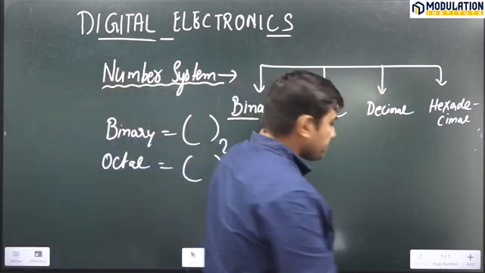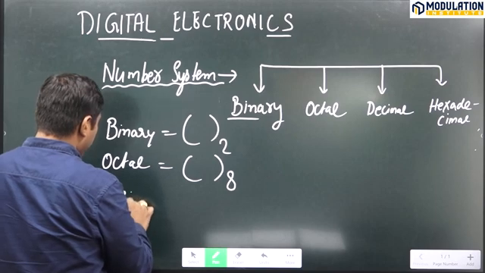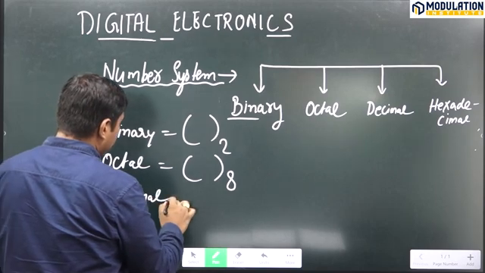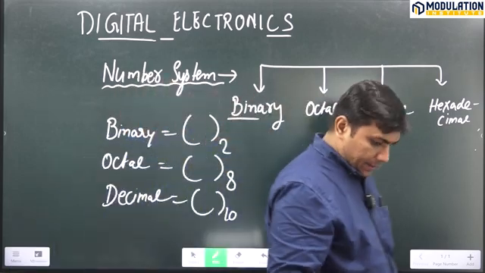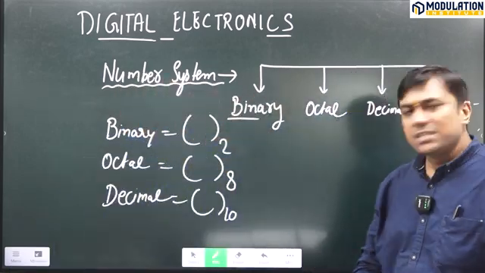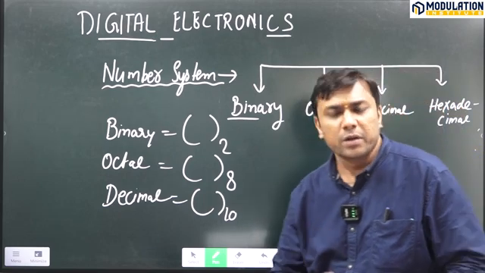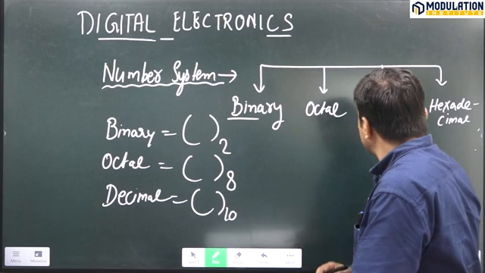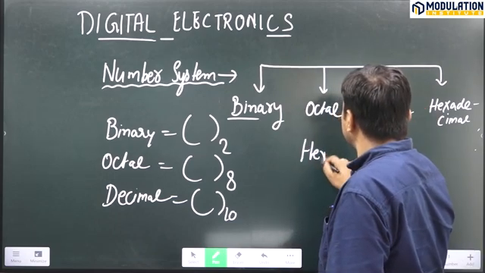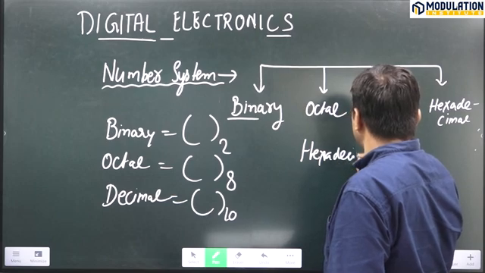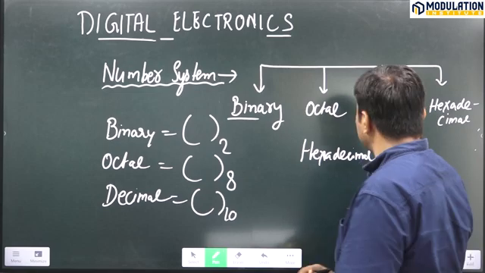Any number system whose base is 10 is called the decimal number system. So these are some definitions of the number systems. Any number system whose base is 16 comes under the hexadecimal number system.